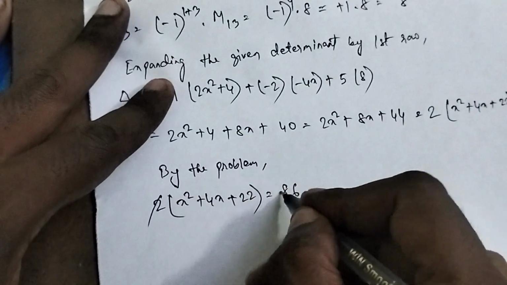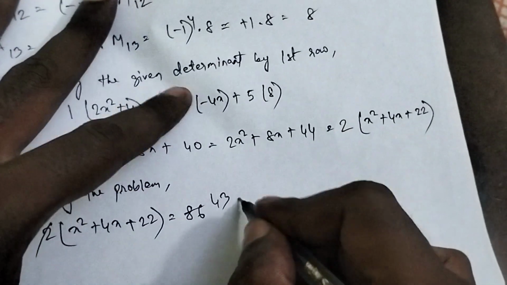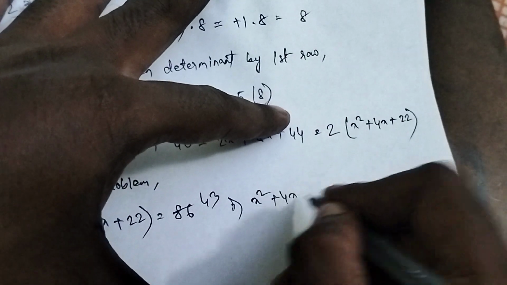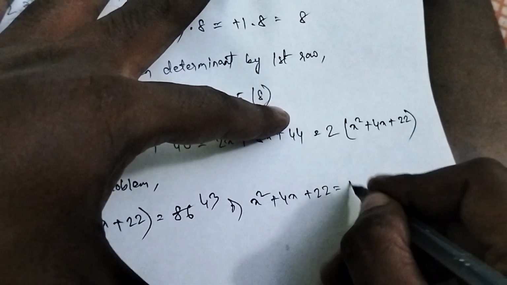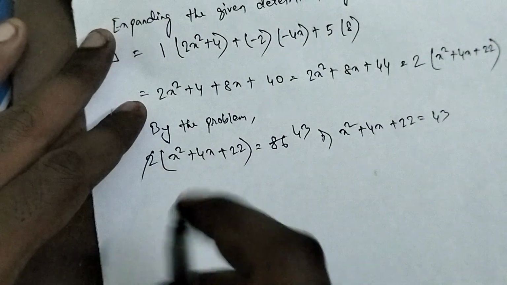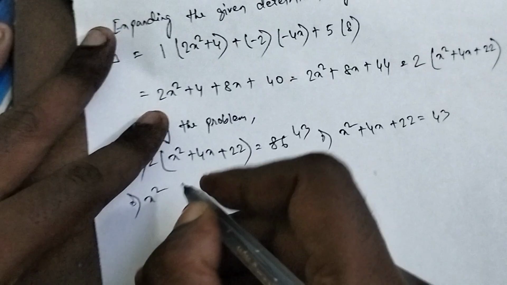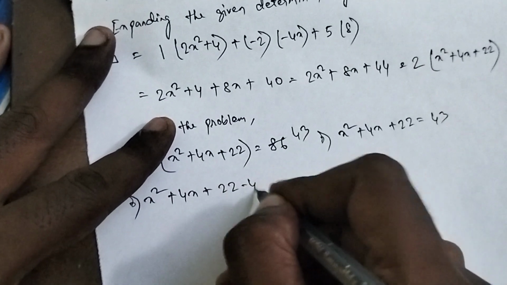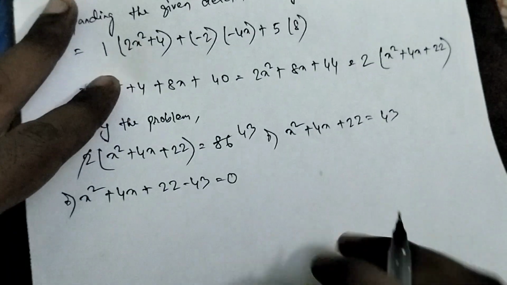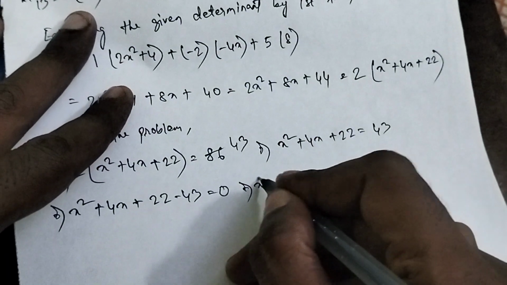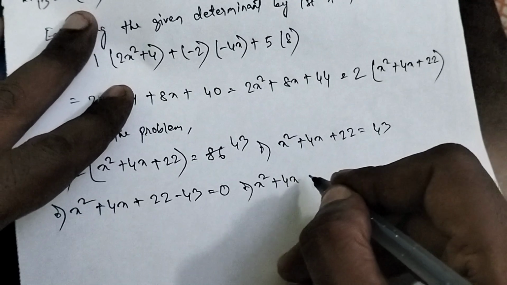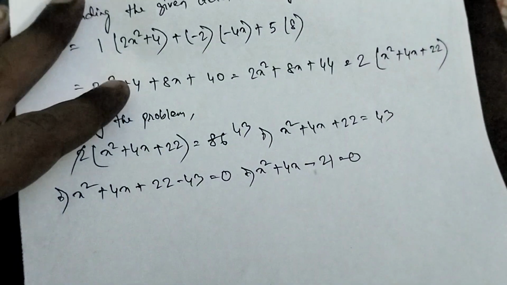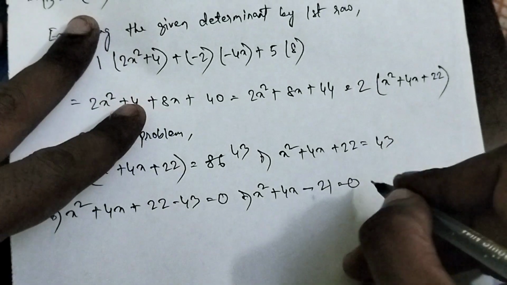Dividing by 2, x square plus 4x plus 22 is equal to 43. So x square plus 4x plus 22 minus 43 is equal to 0. So it would be x square plus 4x minus 21 is equal to 0. Name it as equation 1.